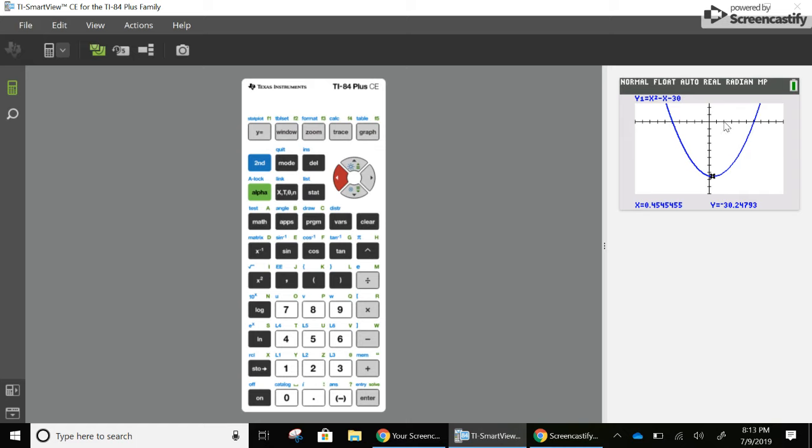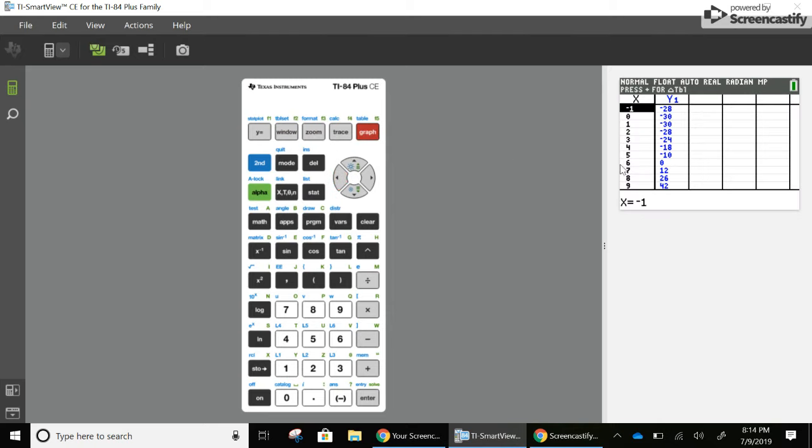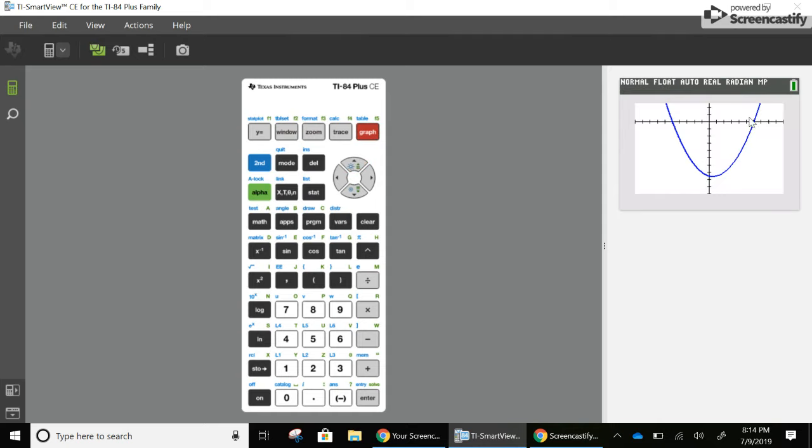The other one is 1, 2, 3, 4. Oh, sorry, I didn't count right. 1, 2, 3, 4, 5, 6. That one is positive 6. Again, that is where it's touching the x-axis. And if you remember, our table actually had these in here. See, here's 6 and 0, and the other one was negative 5 and 0, and there it is. So you can see it corresponds to the graph.